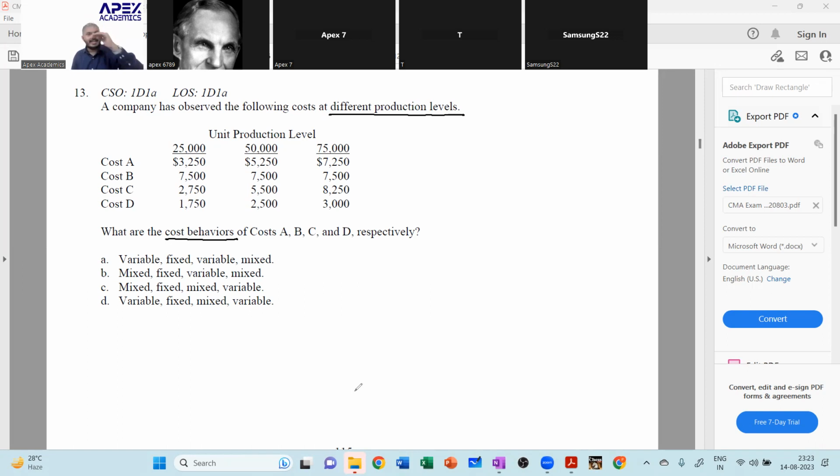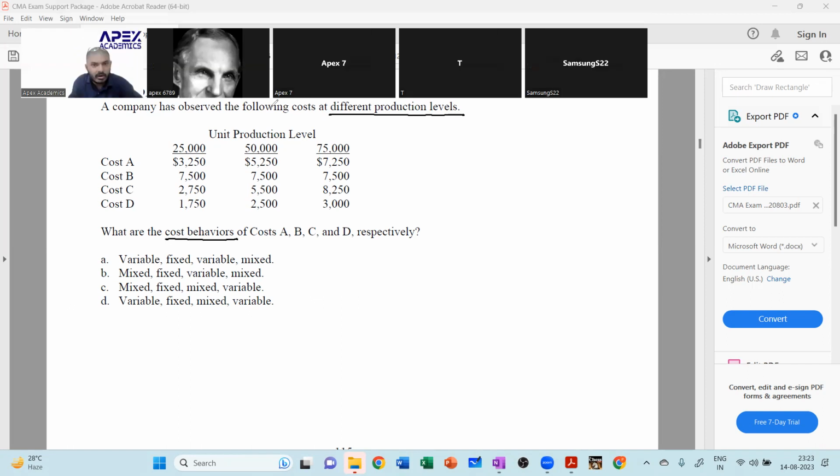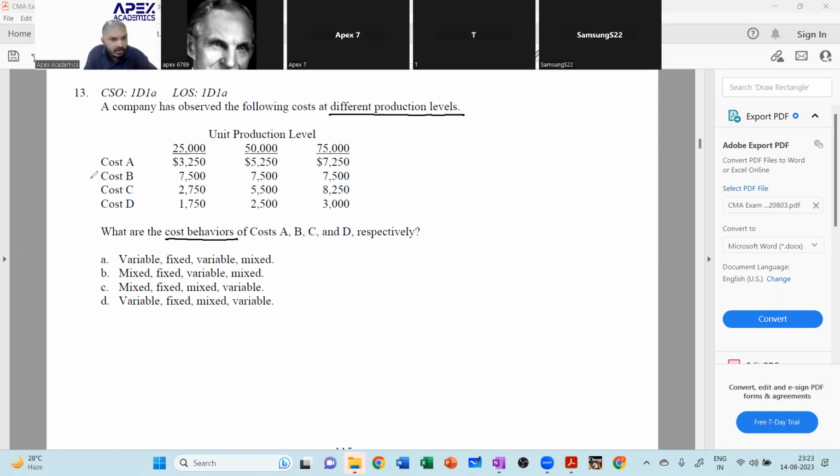First, always identify if there is a cost staying the same at all levels of activity. Cost B stays the same at all levels of activity. A cost that stays the same on a total basis for all levels of activity is obviously a fixed cost. Why is it a fixed cost?